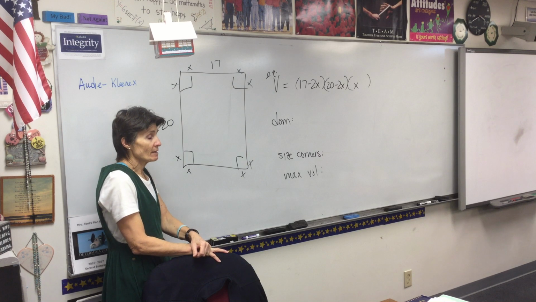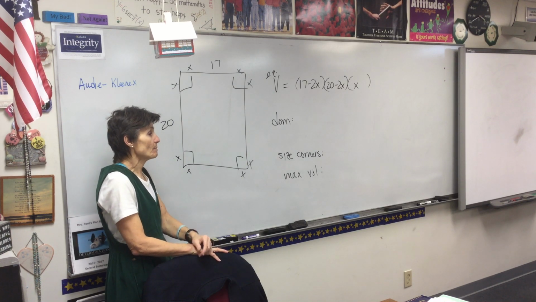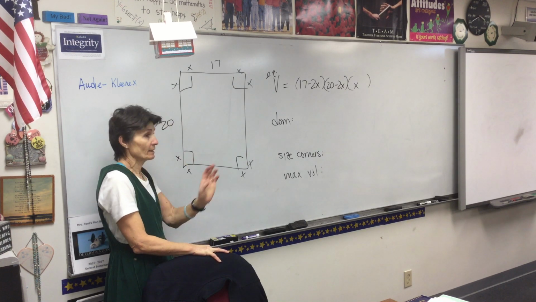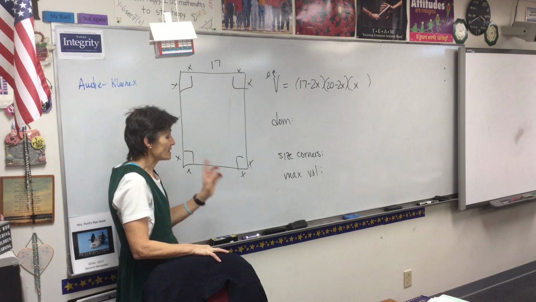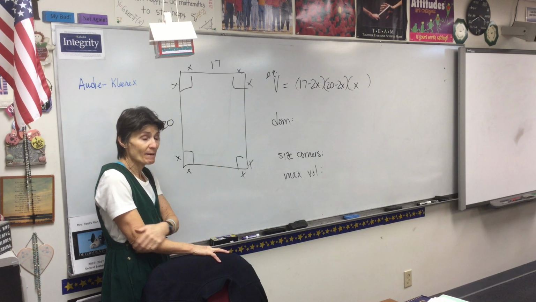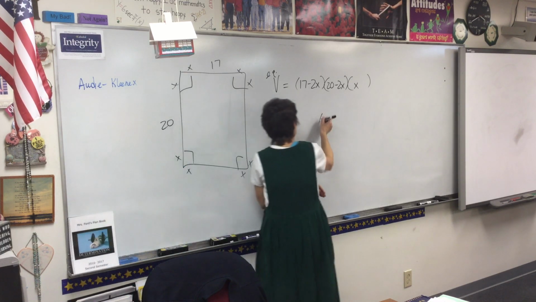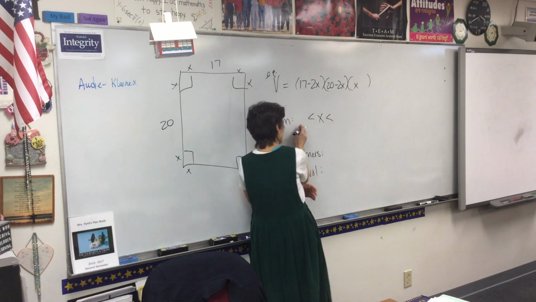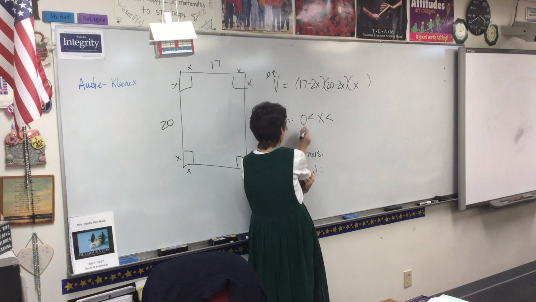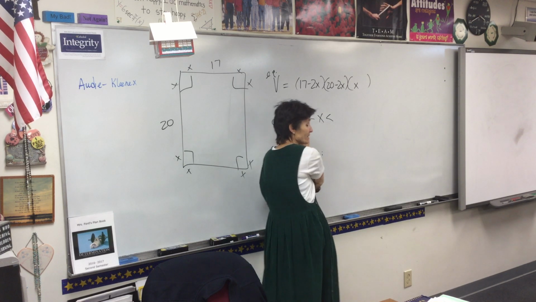Now, what's the domain? The domain is important because in a minute, we're going to go to our calculators, right? And the domain is going to give us x min and x max, the smallest x and the biggest x. So x is going to be between what? What's the smallest x? 0. Always 0. Obviously x can't be negative.